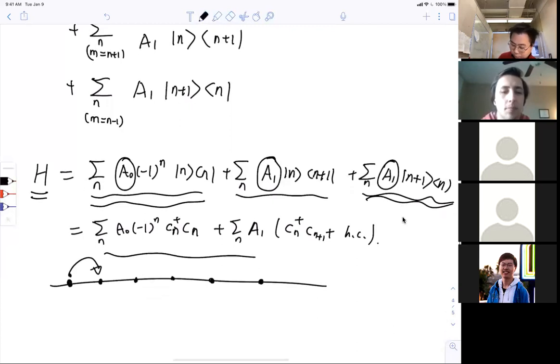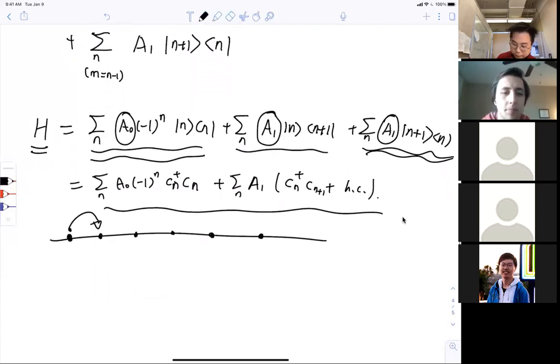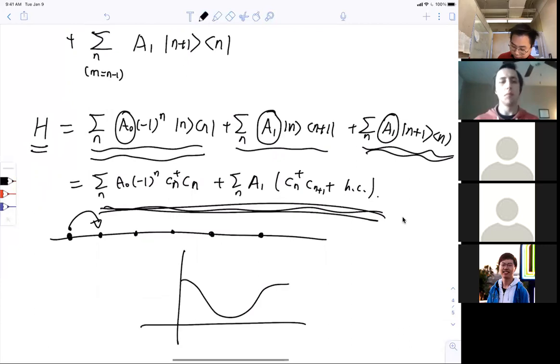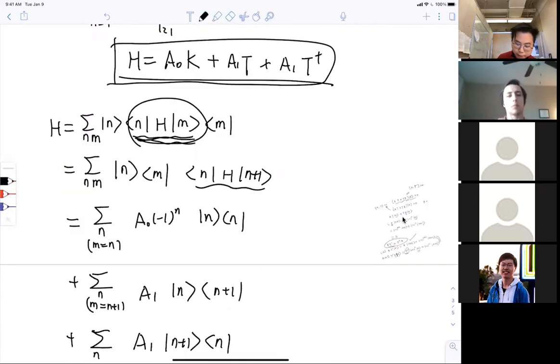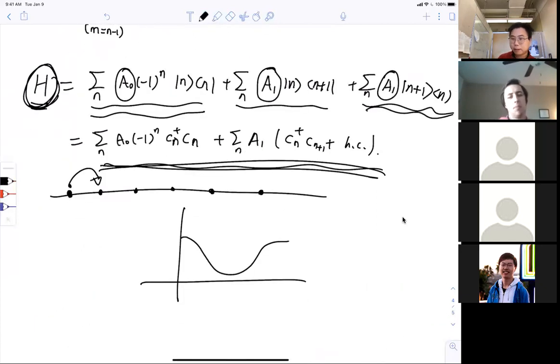So this is the Hamiltonian you usually see in solid state or condensed matter physics. And the spectrum, or the eigenvalues, for this Hamiltonian also looks something like this.